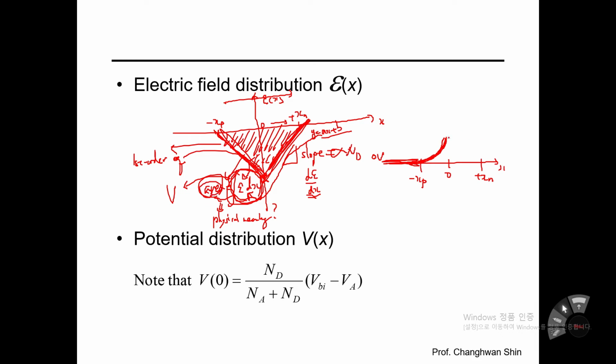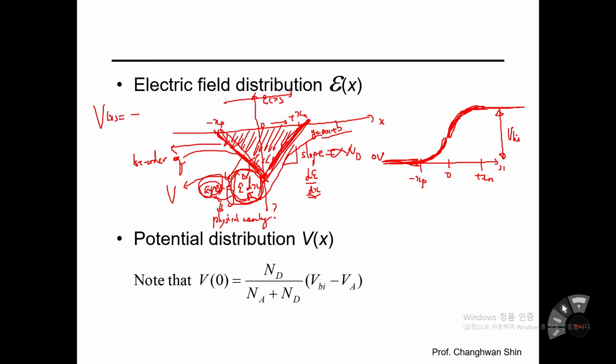So another parabolic shape would be obtained for the depletion layer on the N side, and then you're going to end up with a constant voltage value. So this voltage value would definitely match the built-in potential. Okay, so just remember this equation.